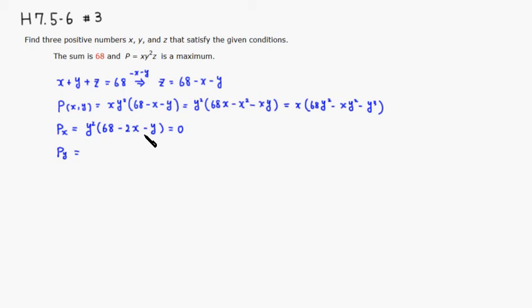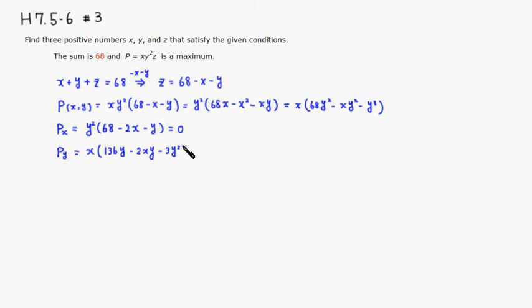So let's take the partial. x is considered to be just a constant, and the partial of 68y squared with respect to y would be 68 times 2, so it's 136y. The partial of negative xy squared would be negative 2xy, and the partial of negative y cubed with respect to y would be negative 3y squared.